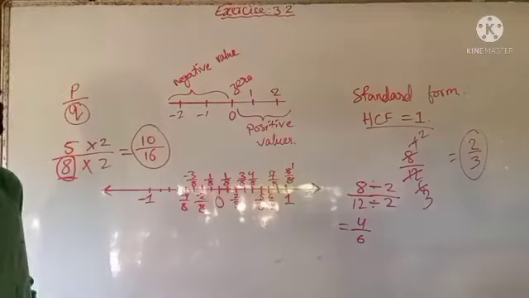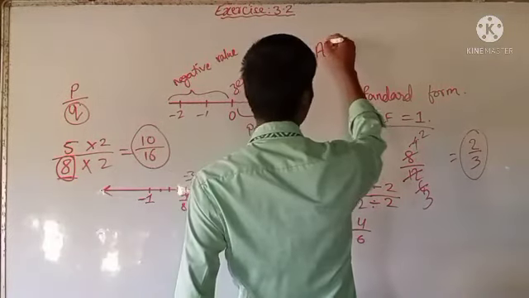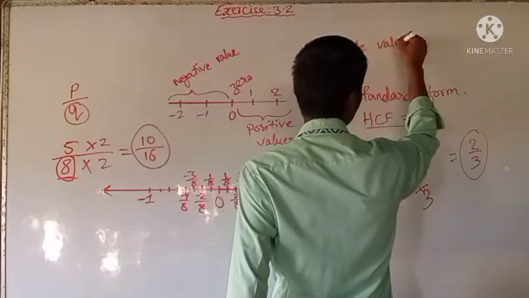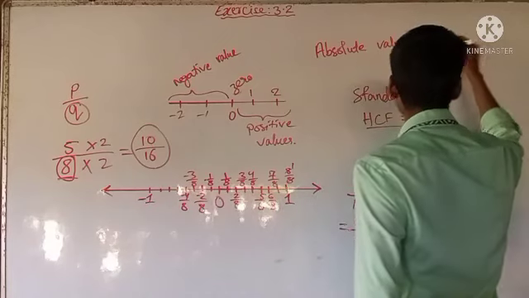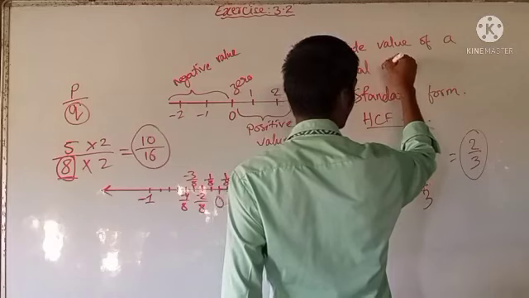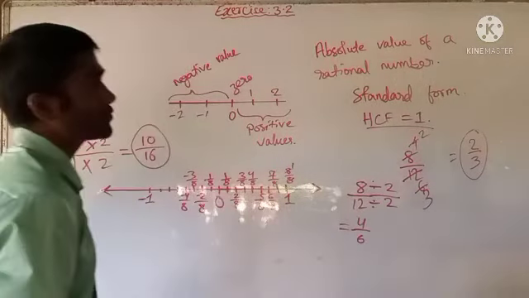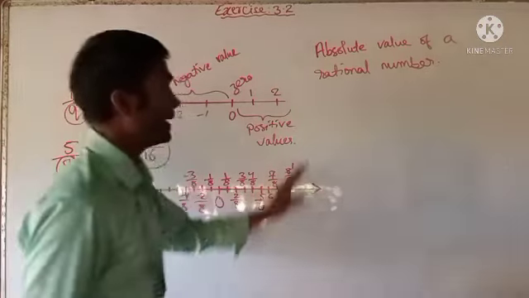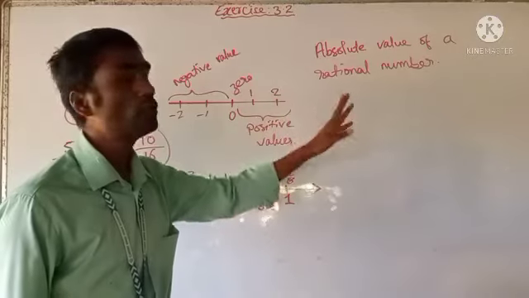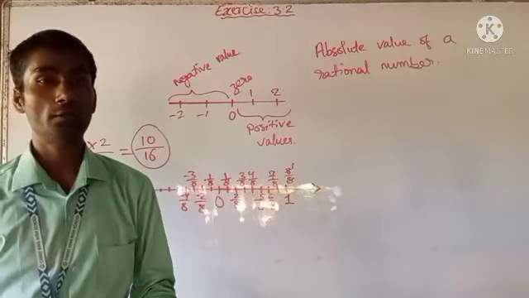The next thing that we are going to come across is absolute value. Now what is meant by the absolute value of a rational number? The absolute value of a rational number means that it will have only a positive numeric value.